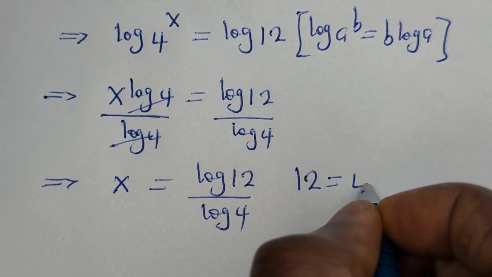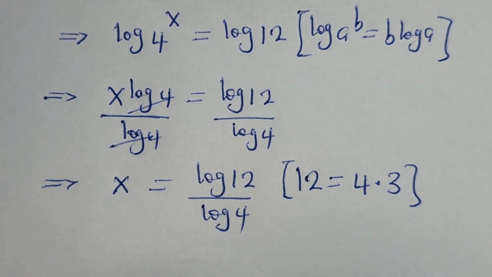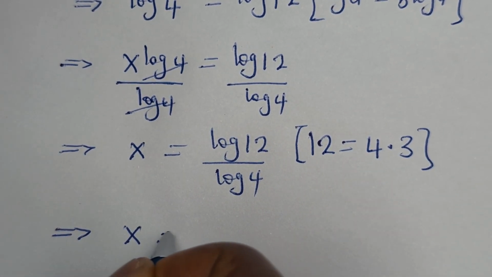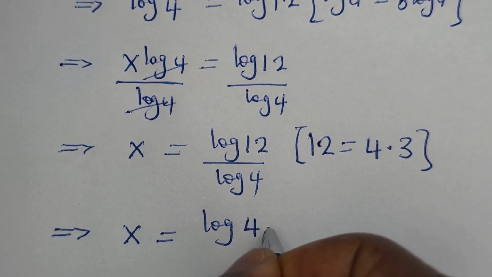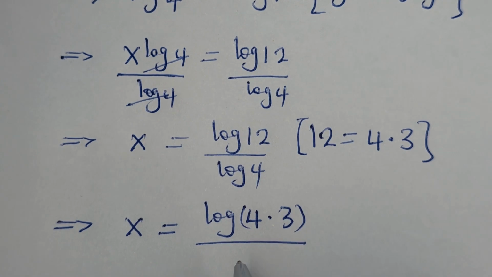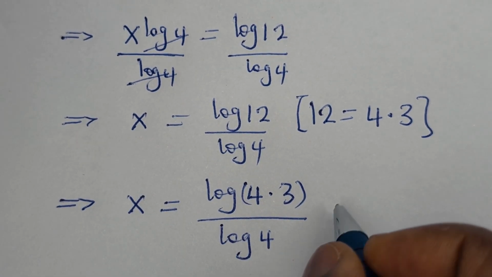12 is equal to 4 multiplied by 3. x is equal to log 4 multiplied by 3 divided by log 4.